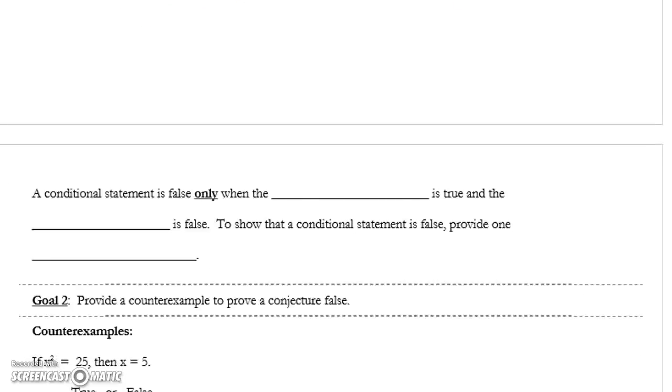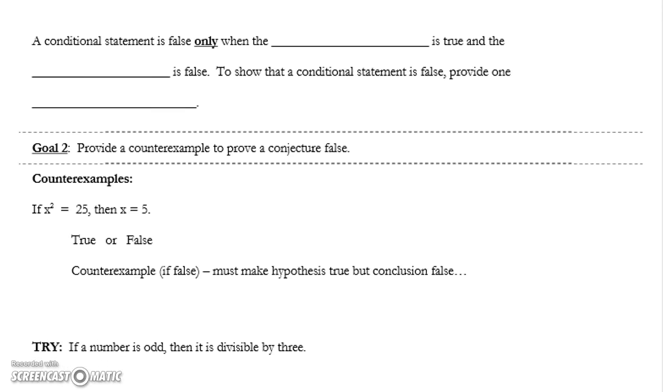On this next page, we're going to talk again about truth values and about counterexamples. Since conditional statements are truly just a given and a conjecture like we did on the first page, this stuff is exactly the same as the first page. We're just calling it different or looking at it different because it's provided to us in a conditional form.